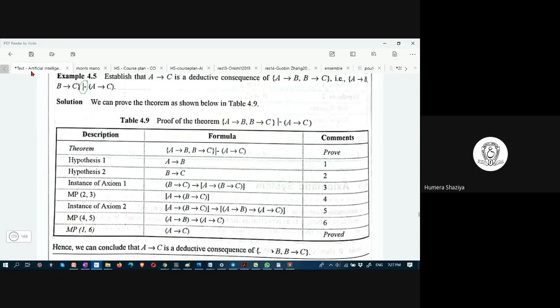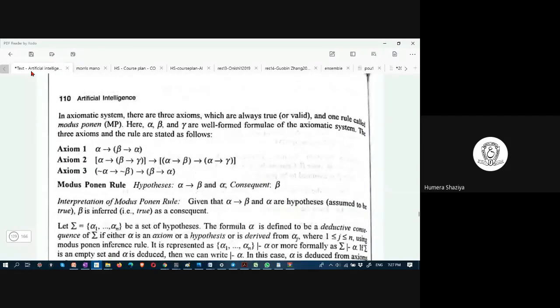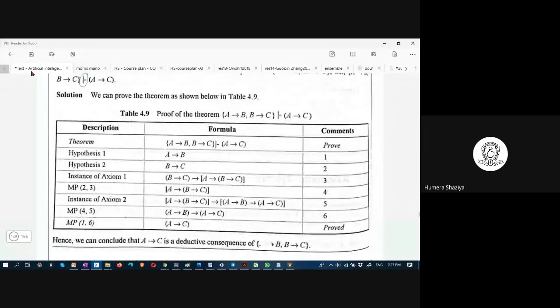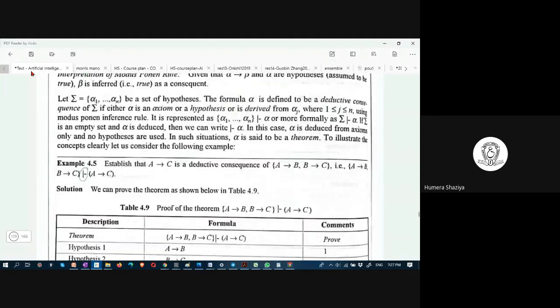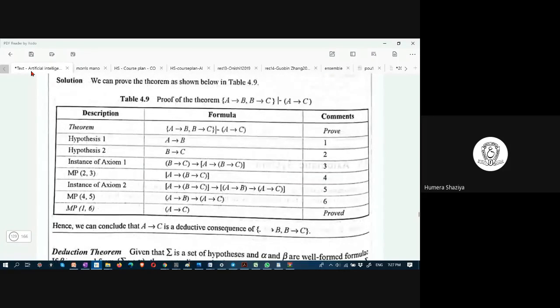Hypothesis 1 is A implies B. Hypothesis 2 is B implies C. Instance of axiom 1. What is axiom 1? Look at axiom 1: alpha implies beta implies alpha. So what is being done here? B implies C can be treated as alpha, and here this A is treated as beta.